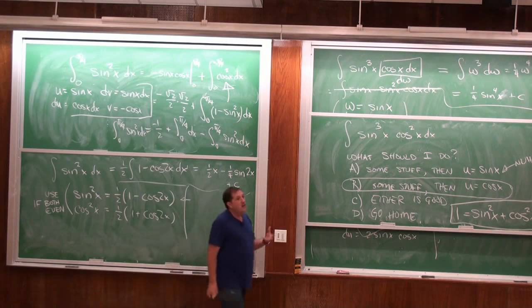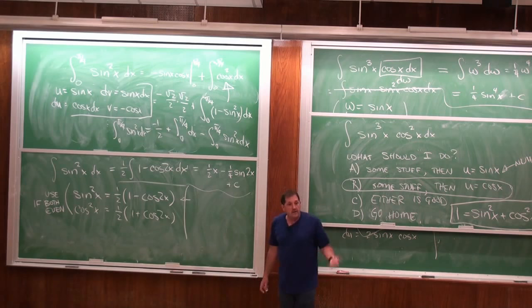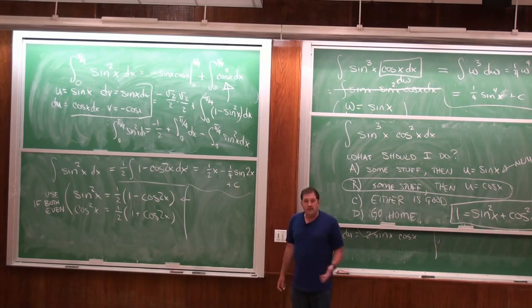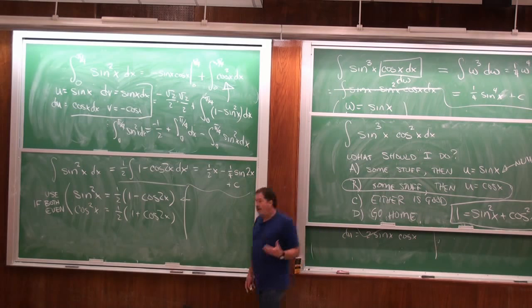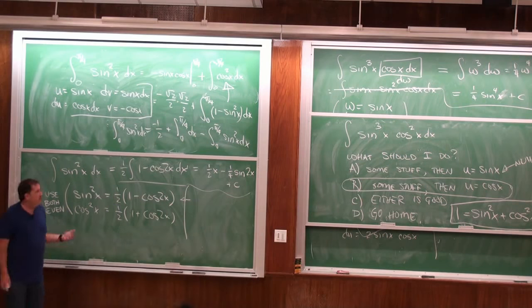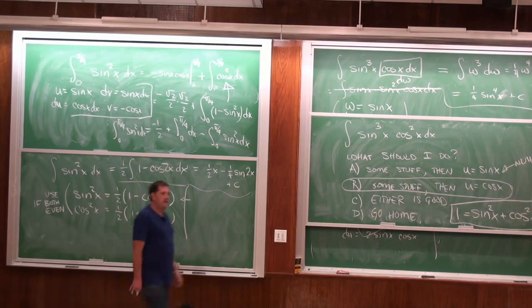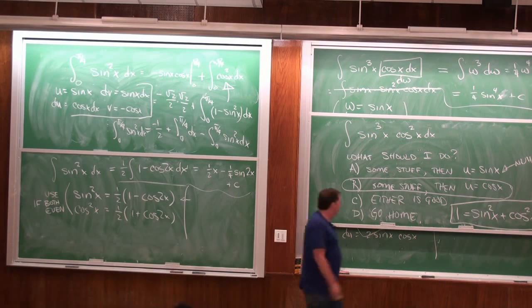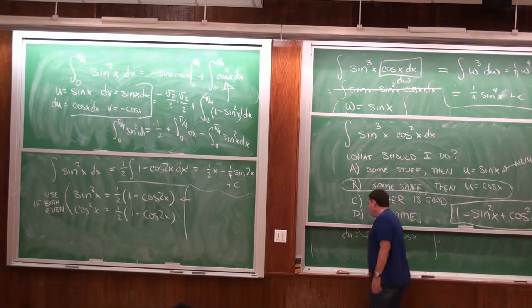And so, ultimately, if you take an even number and keep dividing by 2, unless it was 0, eventually it becomes odd, and then you can use this trick. So if I wanted to do, say, sine to the 4th, I would do it twice and get down to the power of 1. So these things can be a little tedious, but okay.